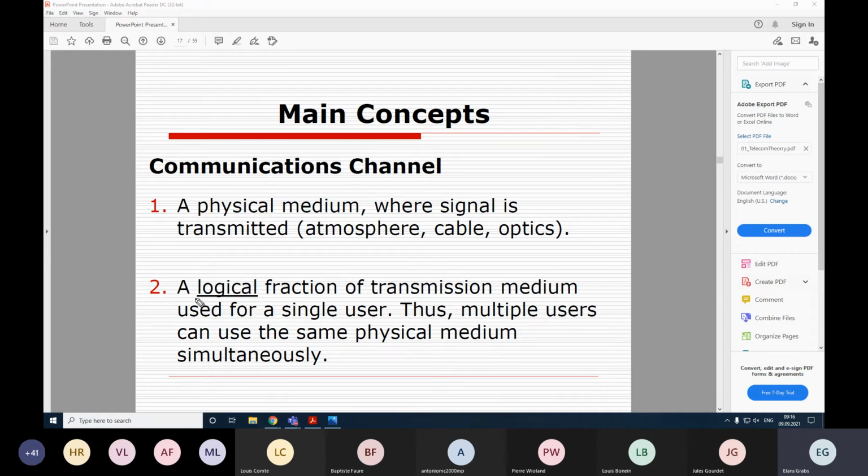There is also a logical definition of a channel. So imagine the situation when we have multiple users. For example, mobile communication systems, where you can call one another, and accordingly each user has a part of the system. Maybe another example, the internet. Imagine we have an optical cable, a very high speed optical cable connected to some building where we have many users.